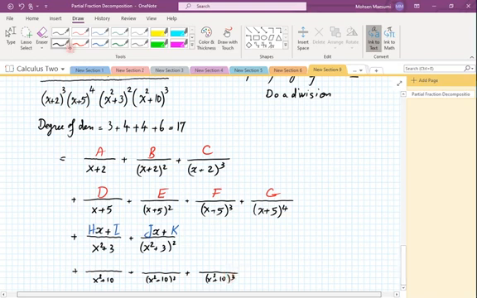And how about their numerators? As K, L, M, N, O, P, Q, so this is just a number. Okay, so that's how you write the partial fraction decomposition.